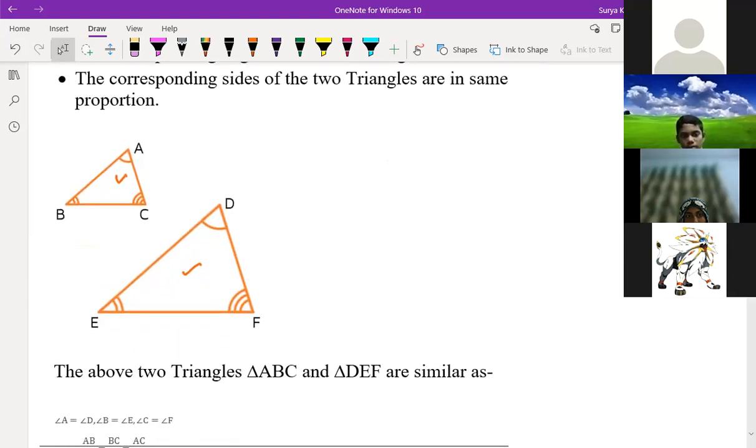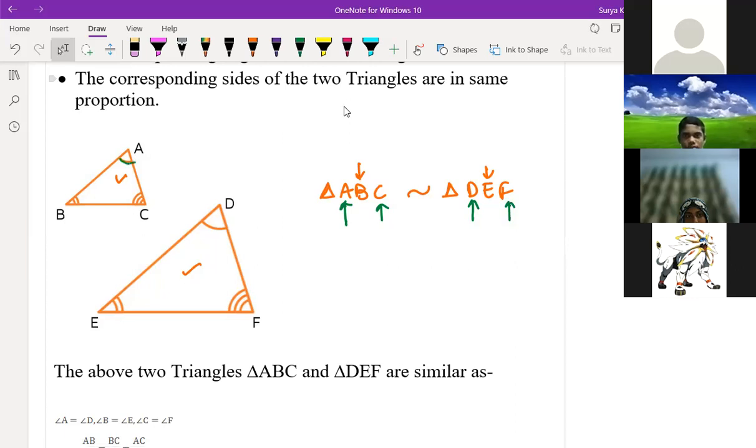If you are telling that triangle ABC is congruent to triangle DEF, corresponding means here angle A should be equal to angle D, angle B should be equal to angle E, and angle C is equal to angle F. The same thing is given over here.